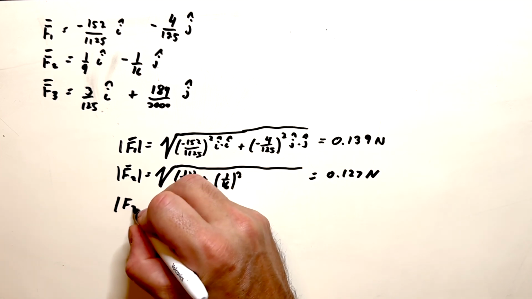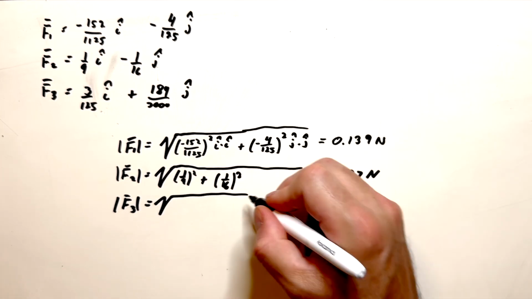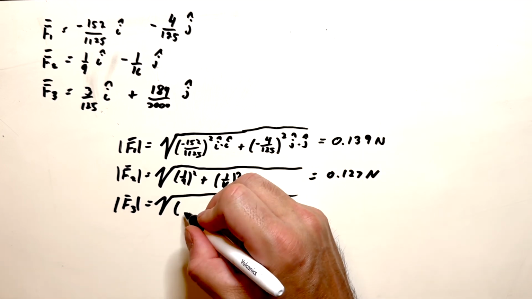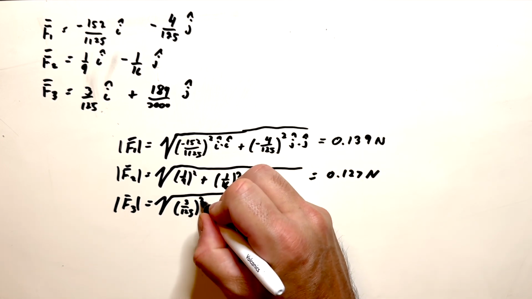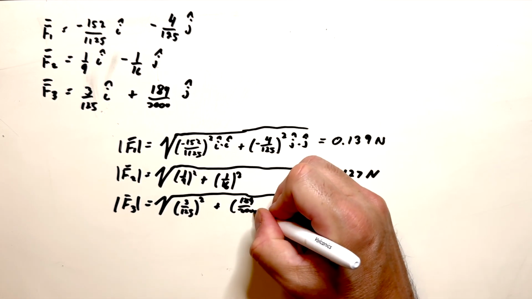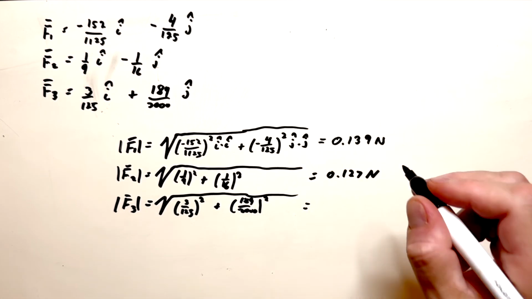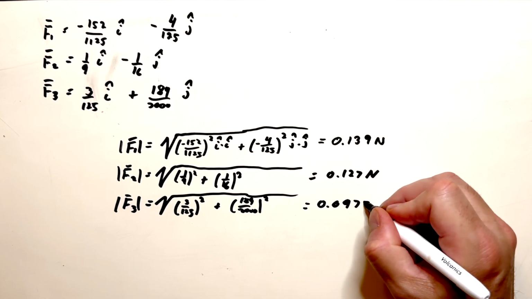And finally, for the third force, the force on 3, the magnitude of it is 3 over 125 squared plus 189 over 2000 squared, and that's going to be equal to 0.0975.